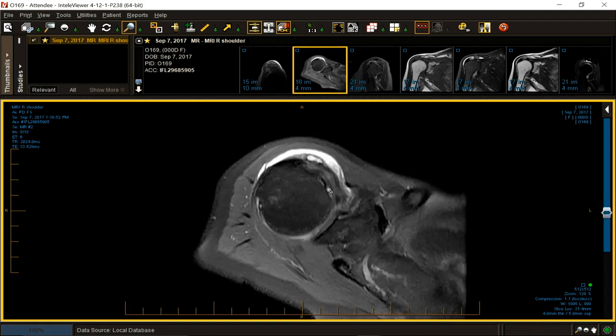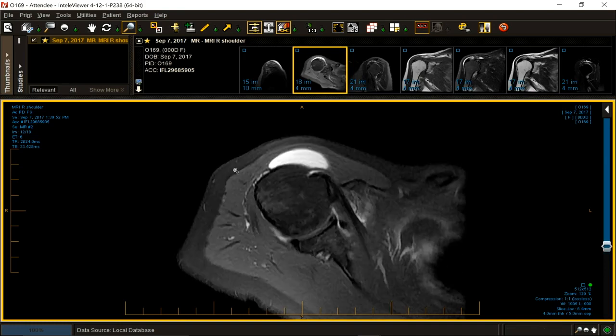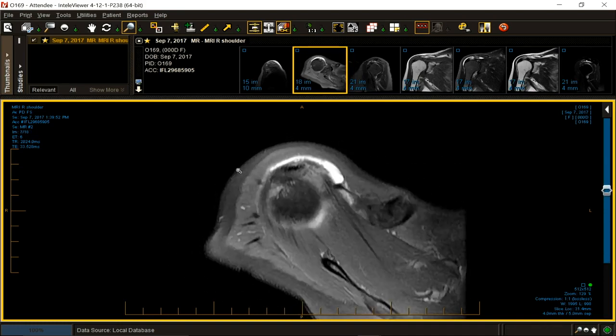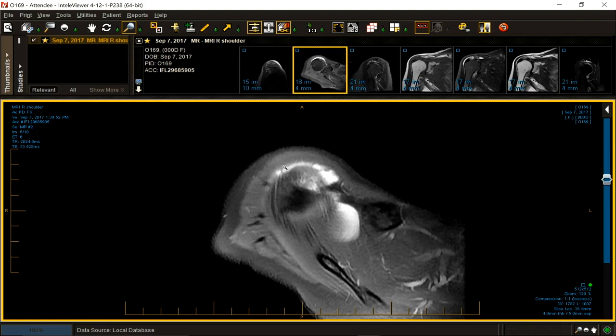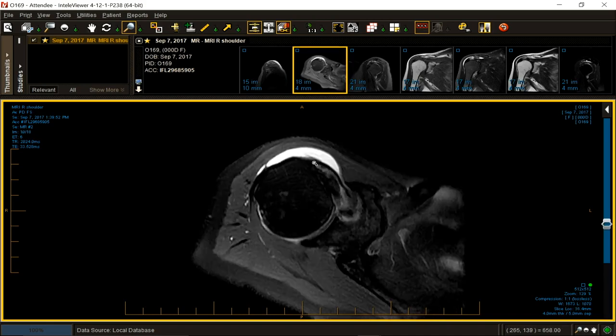So it's a mediocre axial. Fat suppression, moderate to good, but not fantastic. So extensive bursitis, focusing in axially on the cuff. Some interstitial signal within cuff tissue. It's time to go long axis.